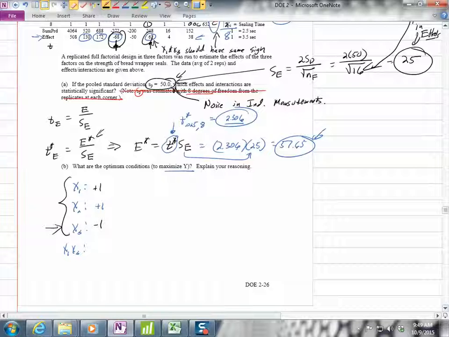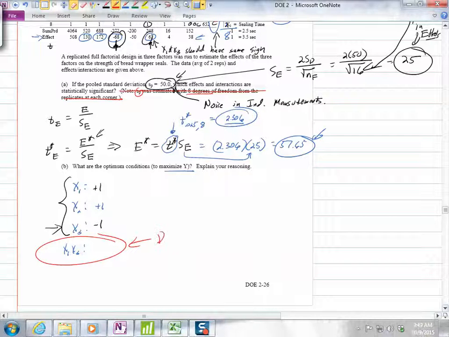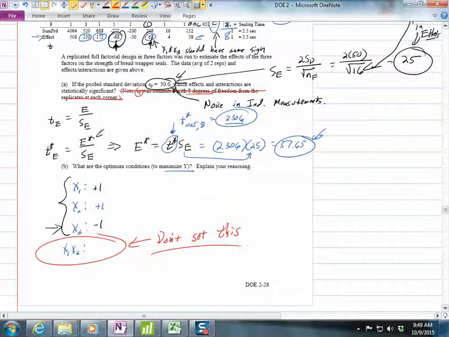But here's the important thing, not more of a Friday cliffhanger, but sort of a Friday closure: you don't set the interaction. This is the equation on the exam. Well, I will get people telling me x3 at the low value and then put a +1 down here for this interaction. You don't set an interaction.